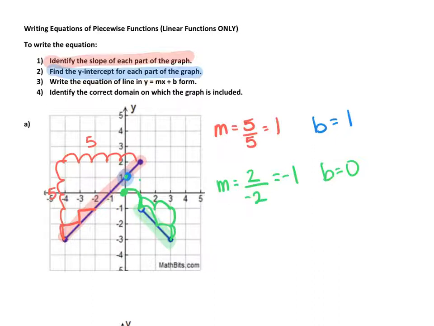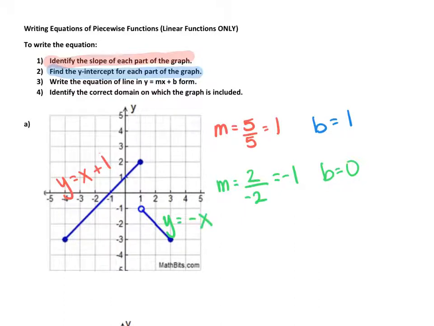So we have the y-intercepts from the graphs by continuing the slopes that we've already found. Now, I'm going to erase all this so we can see it. What we've done is identify both parts of the graph. The first equation is y equals 1x, or x plus 1. The other equation is y equals negative x plus 0.